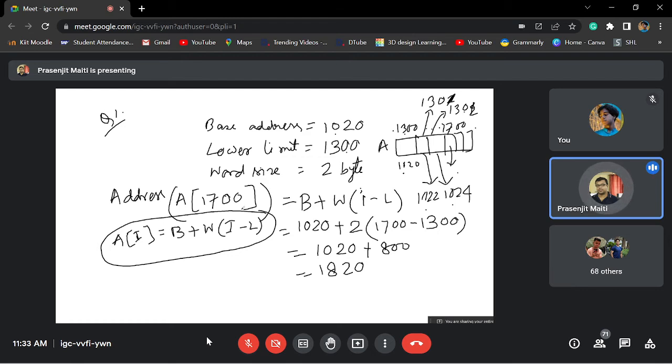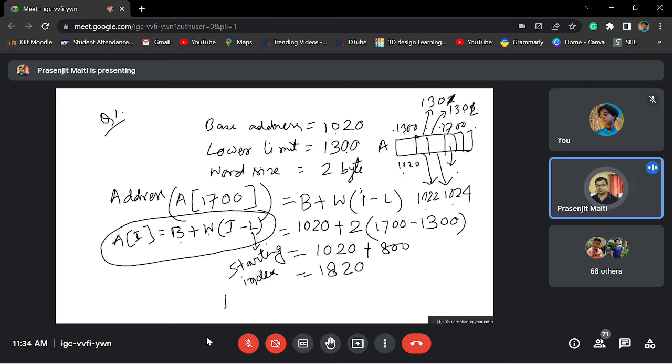Using this formula, we can find out the address of any 1D array. We need to know the base address, word size, and the starting index. L is nothing but the starting index, called the lower bound or lower limit.